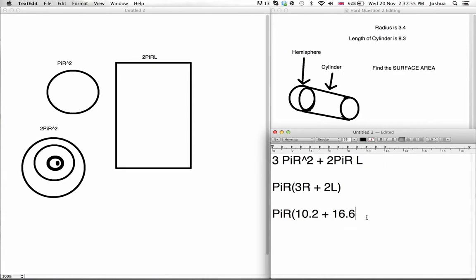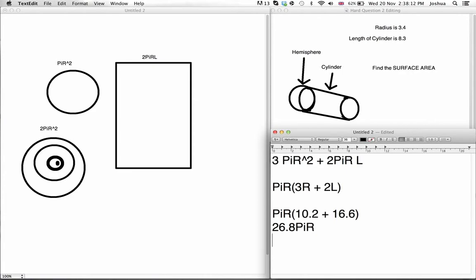So you'd get 26.8. I remember typing 26.8. 26.8 pi r.